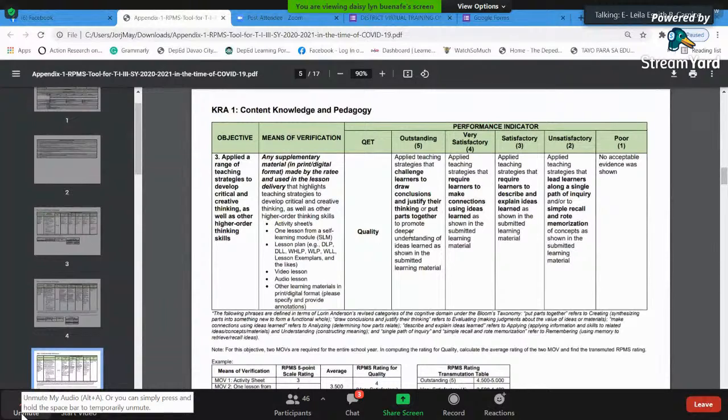Pero kung ang imong mga questions dito sa imong MOV nga gipresenta, makita nimo dito nga naabot na ka sa high level thinking skill, then you may rate that 3, 4, or 5. Depende sa imuhang pag-self-rate, and again, it will be validated by the master teacher.